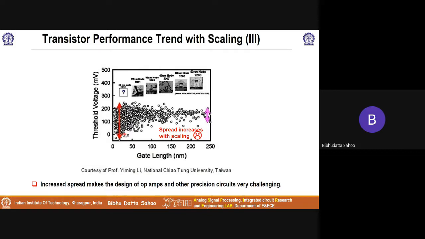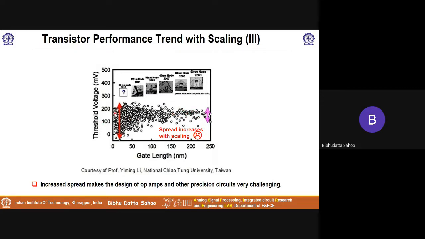As you can see, as the technology node scales down, the threshold voltage of the transistors varies significantly. For the same device, if I manufacture 10 of them, with the same W over L, the threshold voltage will significantly vary because the devices are so small, there is a huge amount of variability. But in the higher technology nodes, you see that they are pretty nicely controlled.